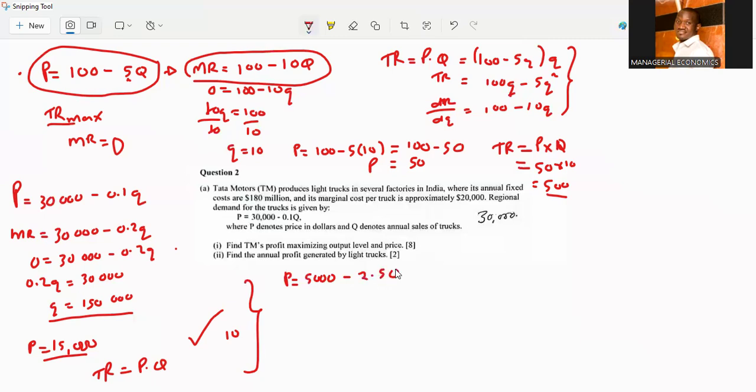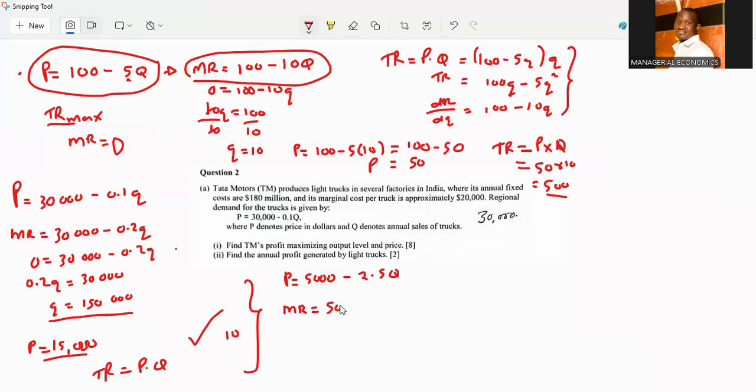If this is our price, what is our total revenue? What is our marginal revenue? Our marginal revenue is what?